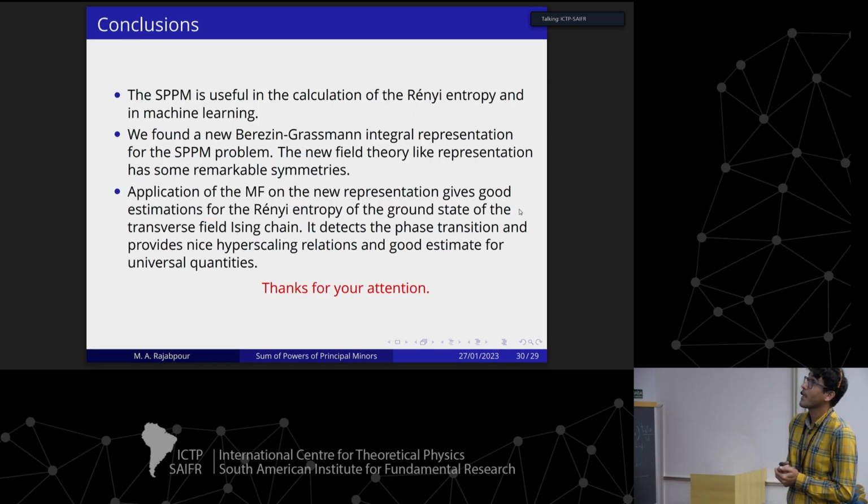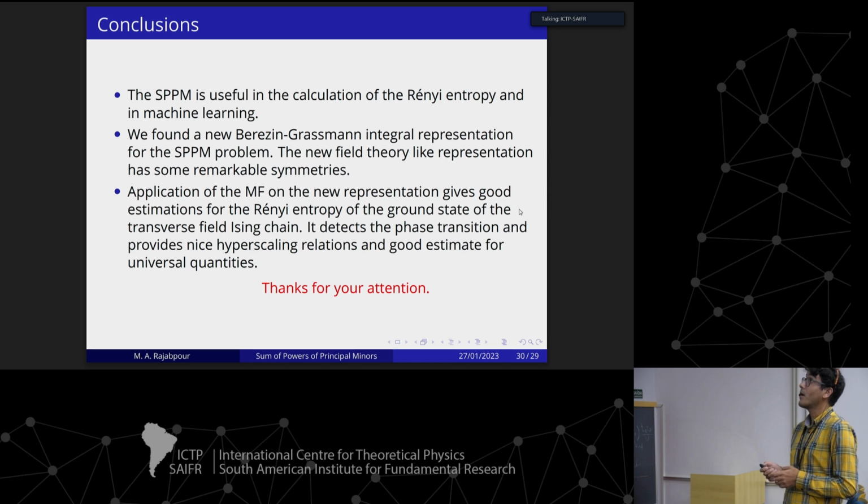Conclusions. So my conclusion is that for SPPM, I showed you three examples where the sum of powers of principal minors appears. One was the Rényi entropy in quantum spin chains.